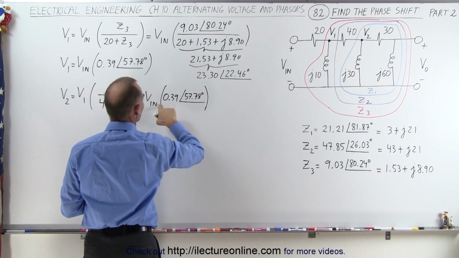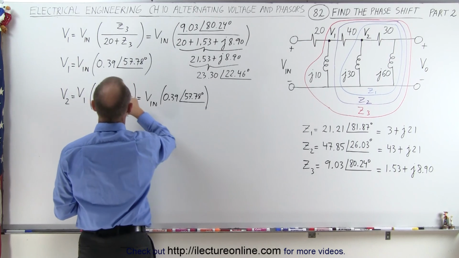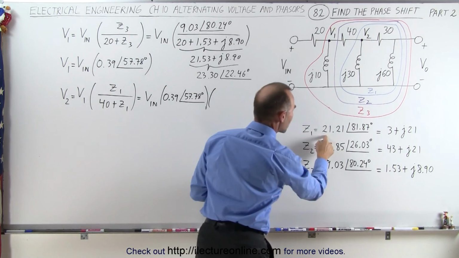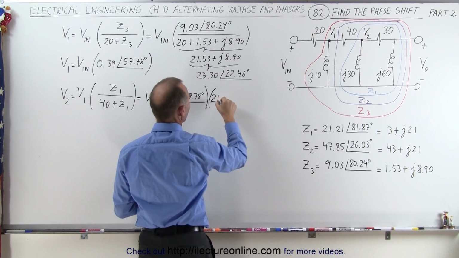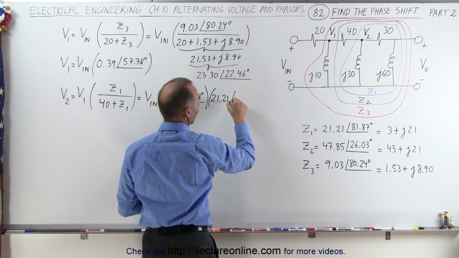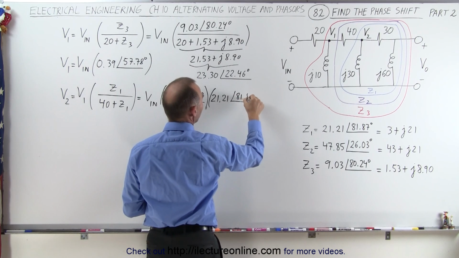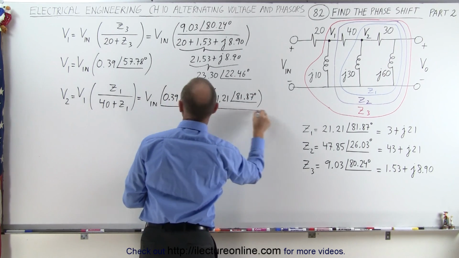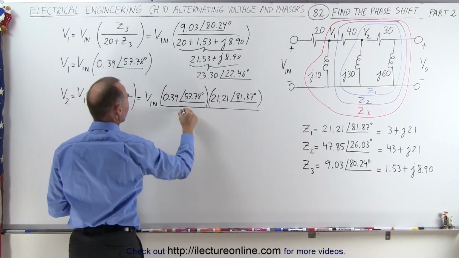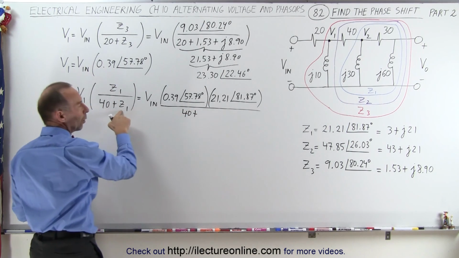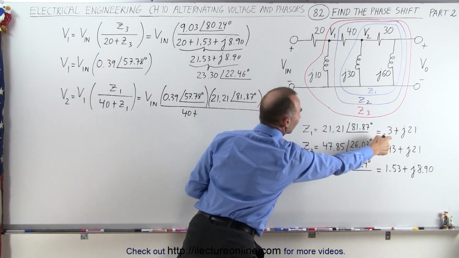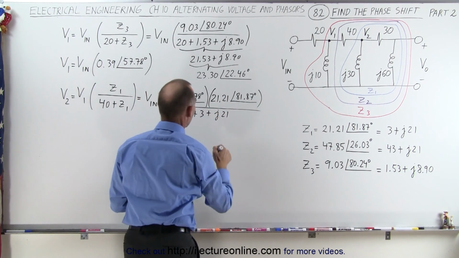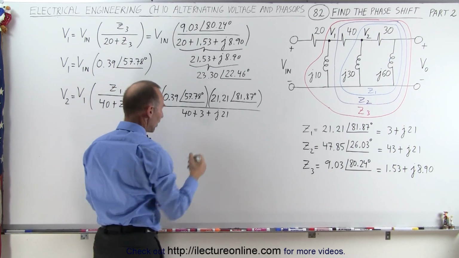We multiply that times Z1, which is 21.21 with a phase angle of 81.87 degrees. Then we divide that by the sum of 40 plus Z1. Let's write Z1 in this format so we can add them: 3 plus j21. So that would be 43 plus j21.